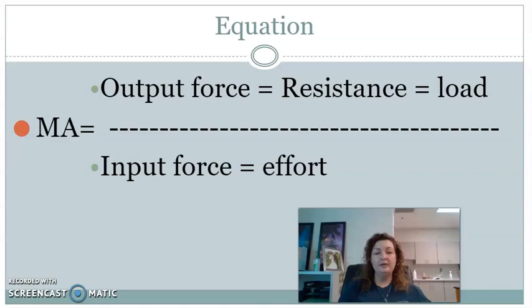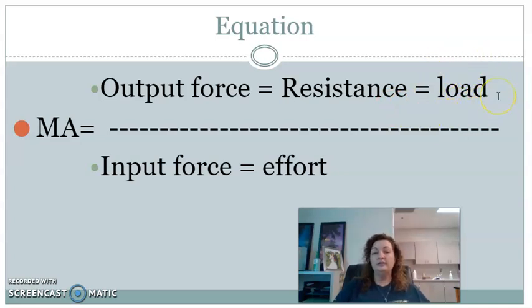So this is the equation for mechanical advantage, MA standing for mechanical advantage. You're going to do the output force divided by the input force. Now notice I wrote some different verbiage on here because we do have different ways we can say these same words. So output force we can also say is the resistance, or we can call it the load, okay?